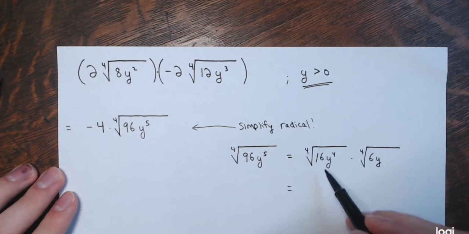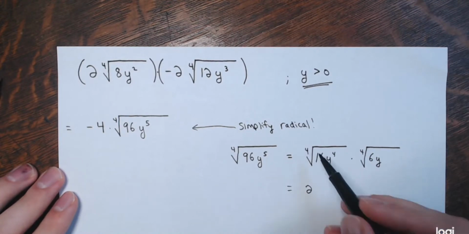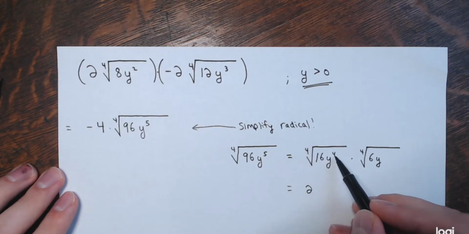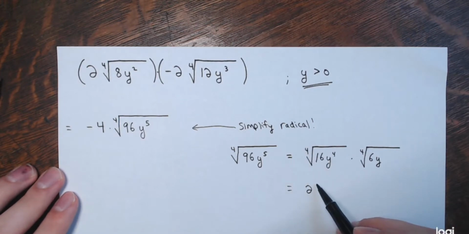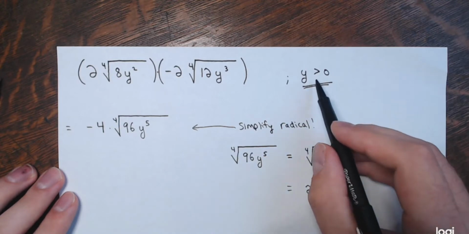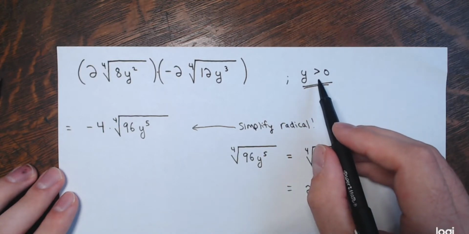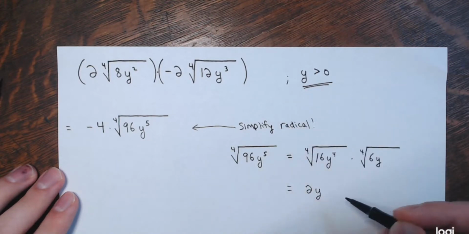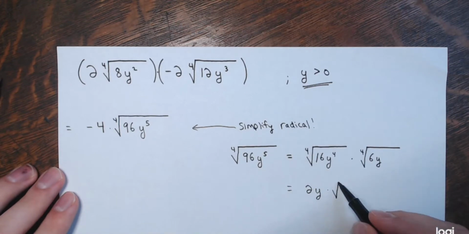The fourth root of 16 is just 2, right? And the fourth root of y to the fourth is, again, technically you should be writing the absolute value of y, but they told us earlier, assume that y is positive. So I don't need the absolute value symbols, right? That's the only reason they're saying assume y is positive. And then we have times the fourth root of 6y.